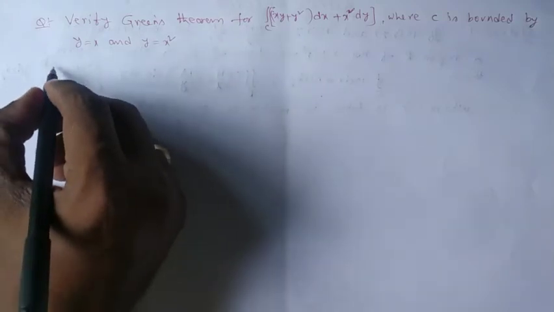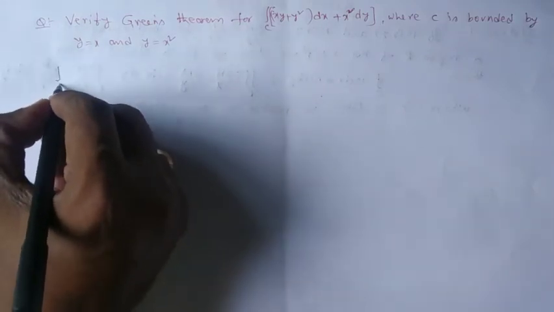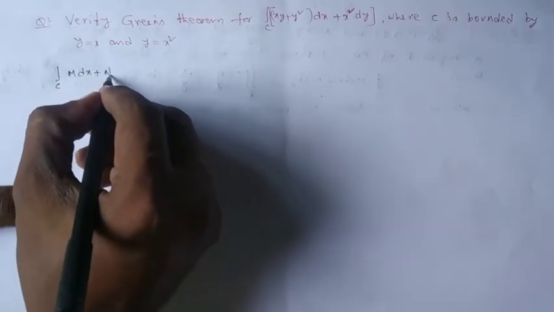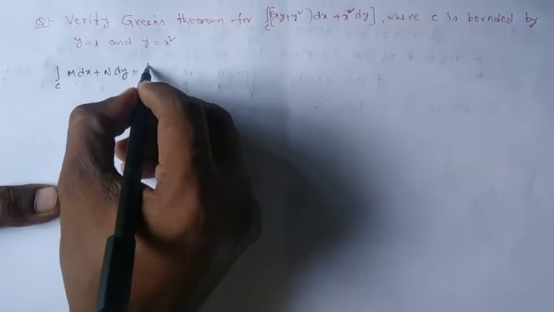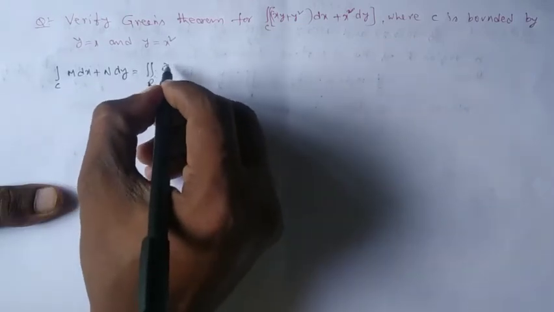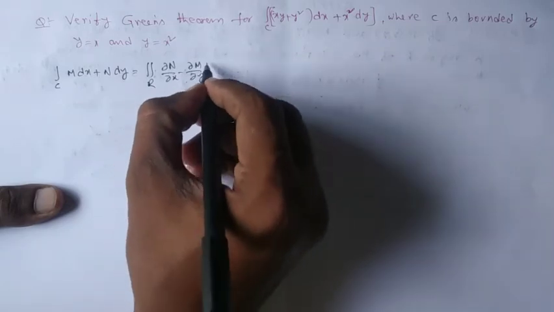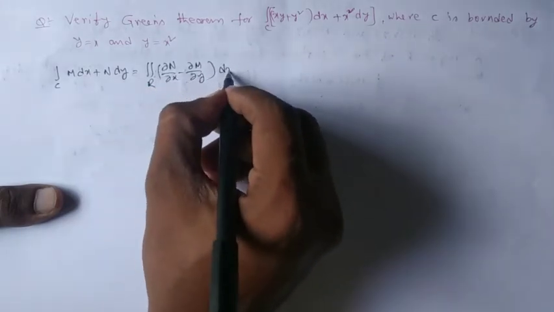If you recall the statement, we have to show that the integral over C of M dx plus N dy equals the double integral over R of (∂N/∂x minus ∂M/∂y) dx dy.